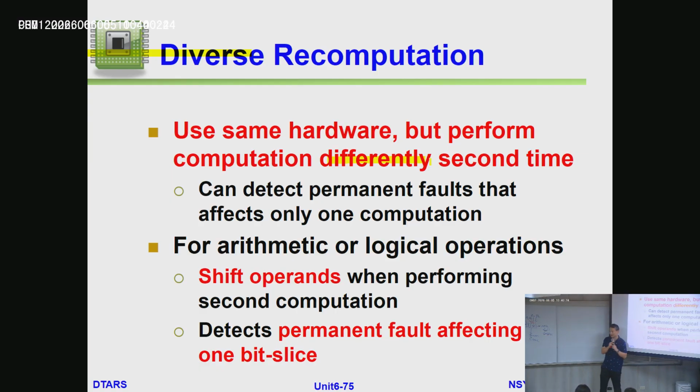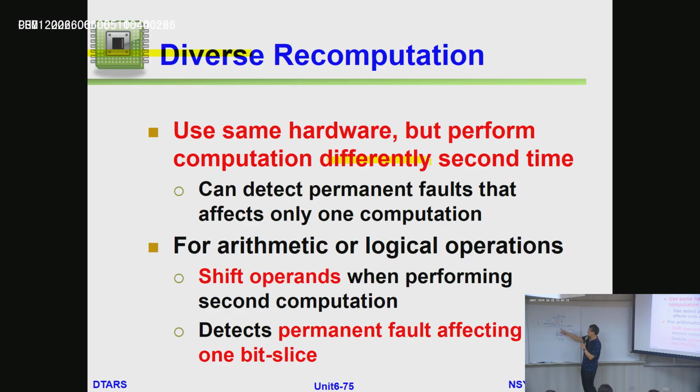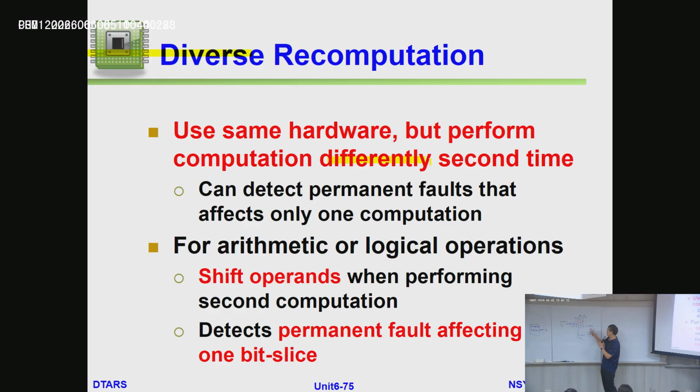The key part is that because we use different inputs, if this is 0, 0, then the output should be 0, right?